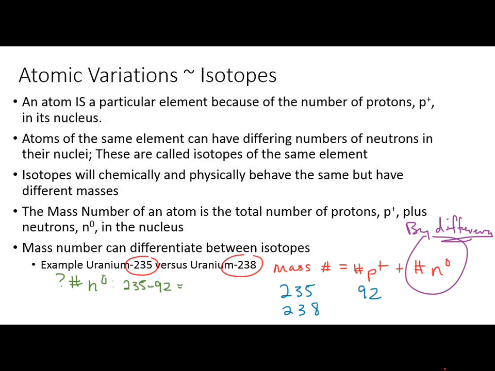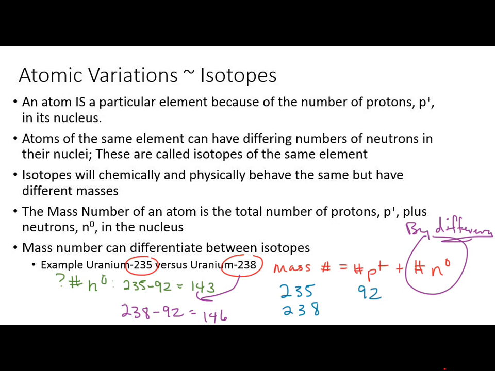So there are 143 neutrons in that isotopic form, or isotope, of uranium. Let's do the other one. We take 238, which is its mass number, minus 92, its atomic number, the number of protons. It looks like there'll be 3 more than that, so I'm hoping it'll be 146. It just has 3 more neutrons.